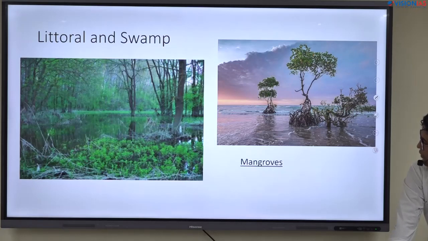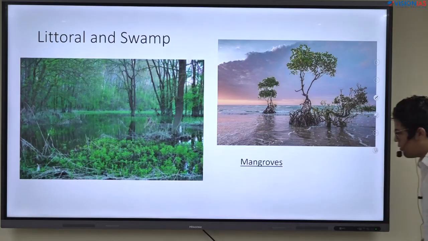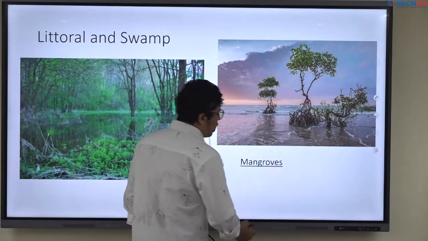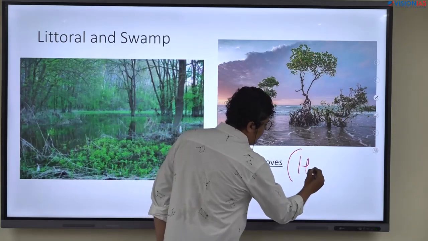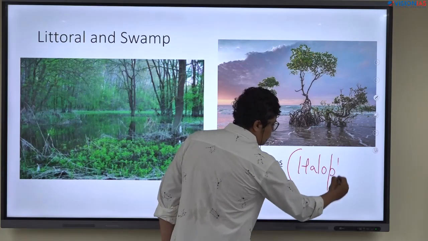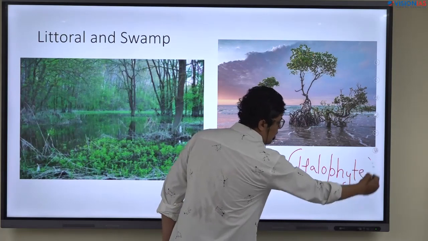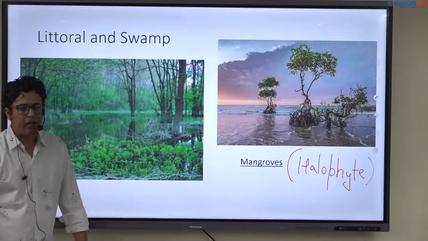Yes, this is a swamp. So which tree would be the major species here? Mangroves, you will find in coastal areas. Mangrove trees have a unique property. You call them halophytes.